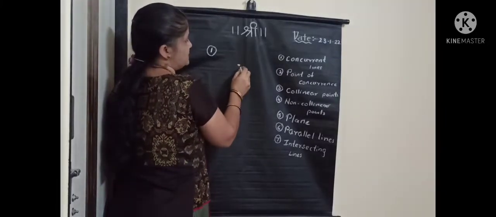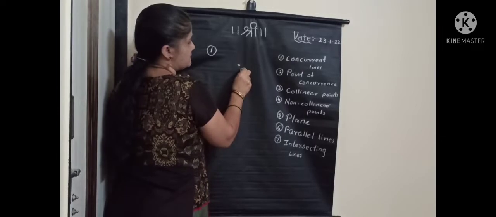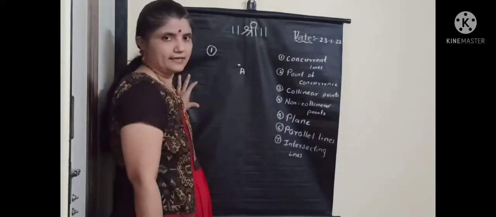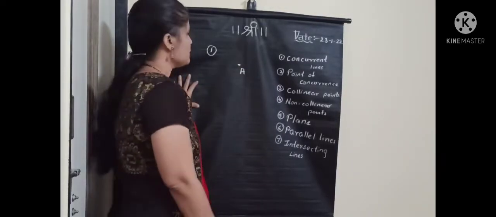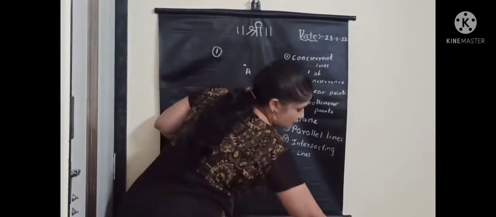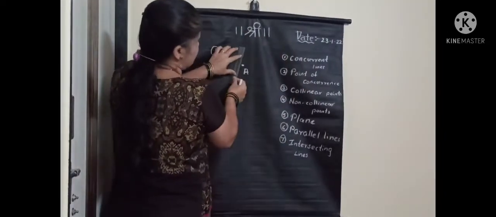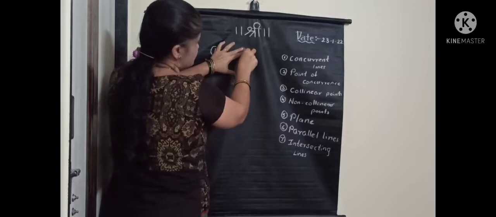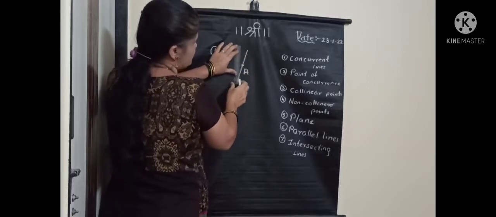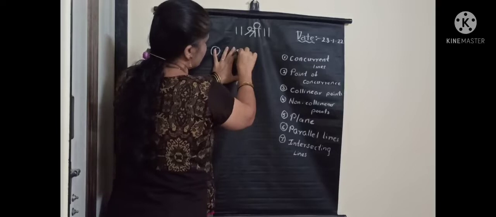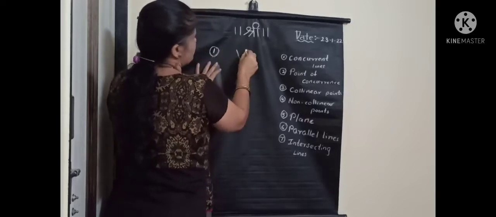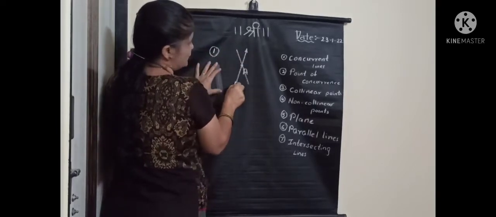Now look at this picture. This is point A. Infinite number of lines pass through one point. Now I am showing you this figure.